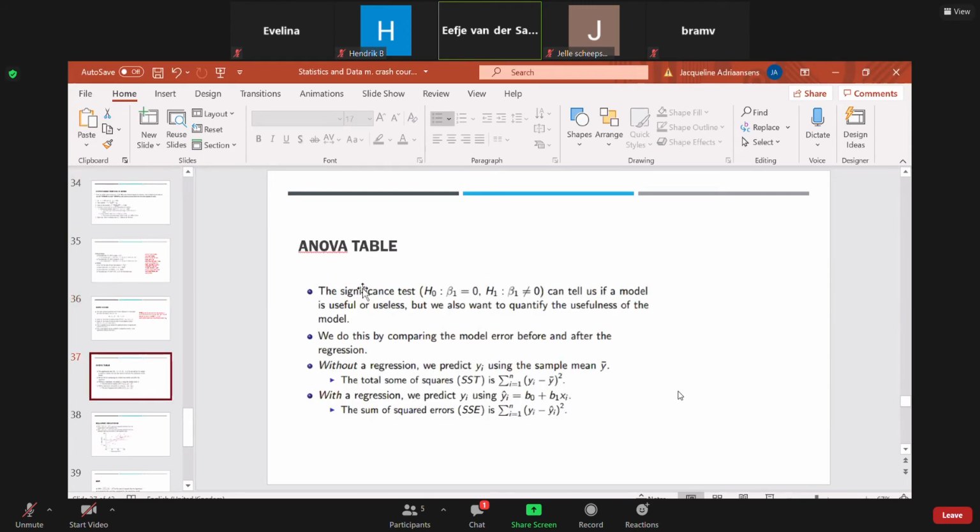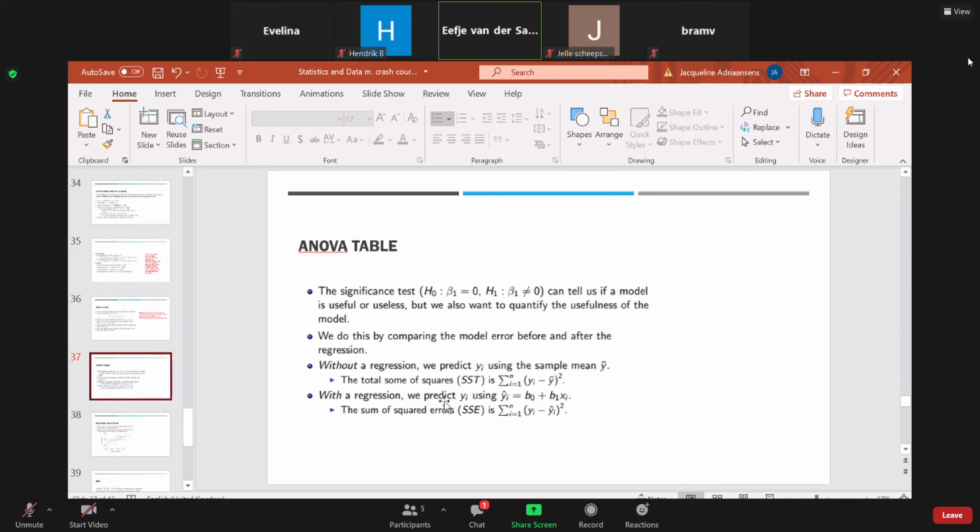So under the ANOVA table, the significance test can tell us if a model is useless or useful, but we want to quantify the usefulness of the model. Because if beta 1 is not 0, I said on the previous slide, okay, we say it's useful. But how useful is it? We can do this by comparing the error before and after regression. So without a regression, we predict the value of y using the sample mean, because really we don't have anything else to do so.